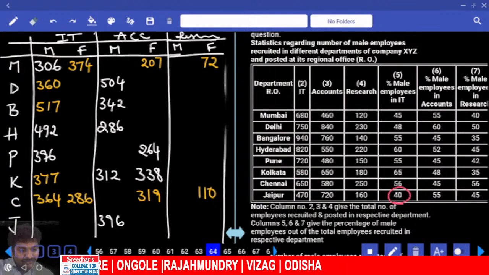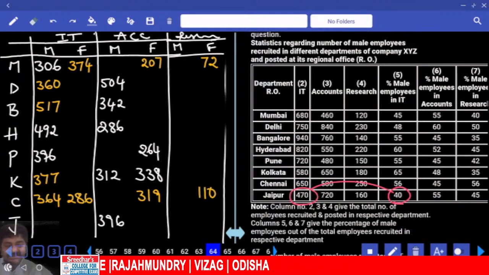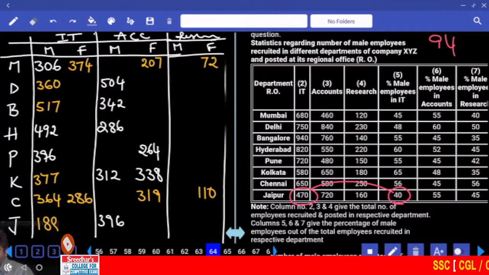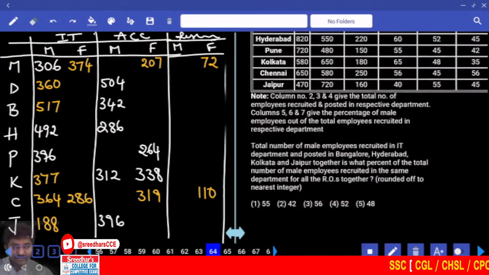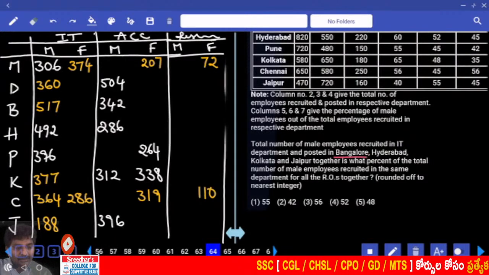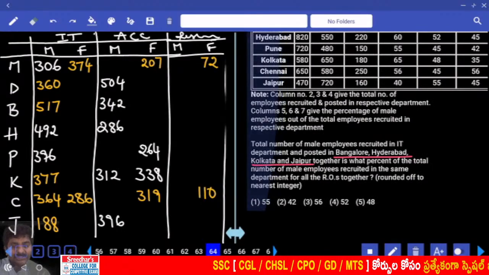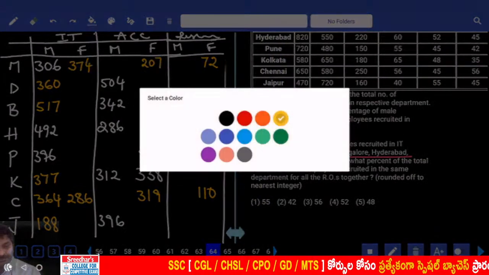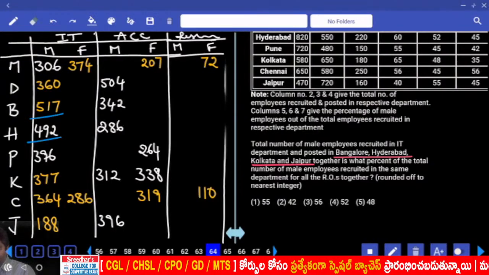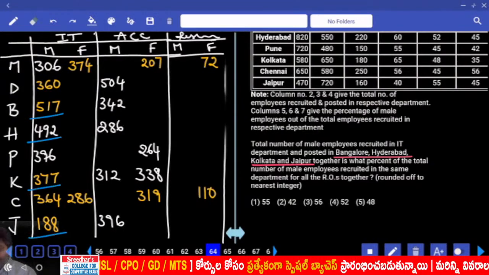Jaipur 40%, 10% double, 10% double, 188. Now first we have to take male in IT who are from Bangalore, Hyderabad, Kolkata, Jaipur.